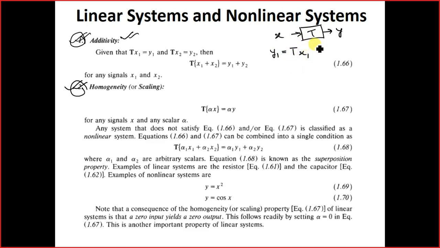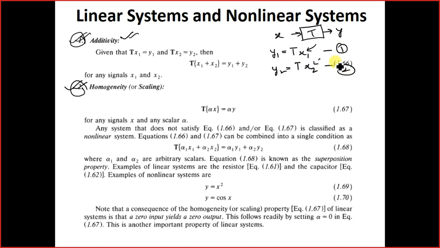That means I have given the input x1 and got the output y1, which equals T of x1. Similarly, at another instance, when I gave an input of x2, my output was y2. So this is condition 1, this is condition 2.